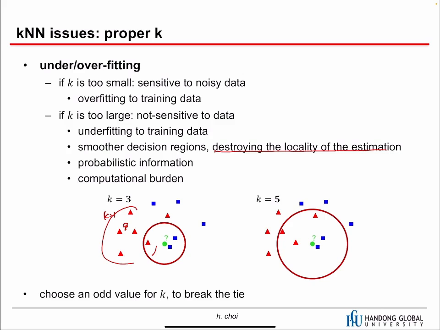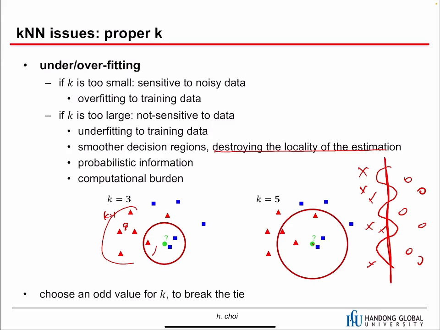So if we increase k a lot, and the actual classification boundary is like this, where this one is x and this one is circles, then if we increase k, the boundary will be something like this.